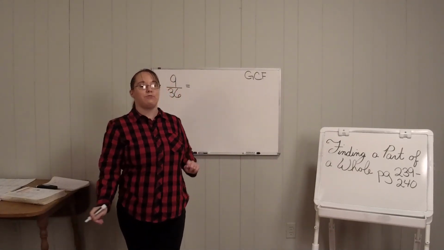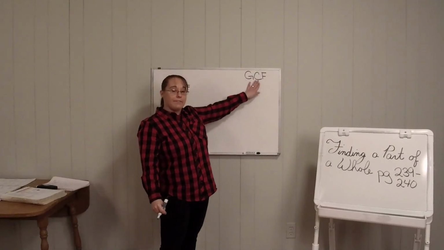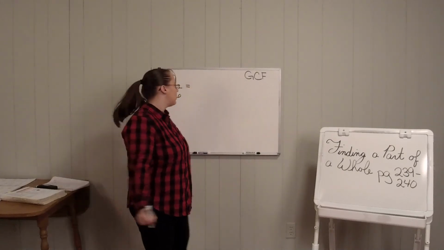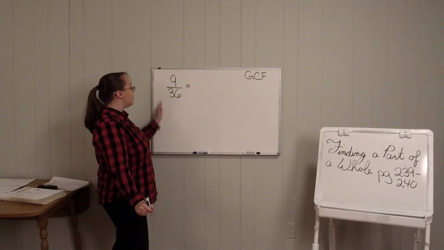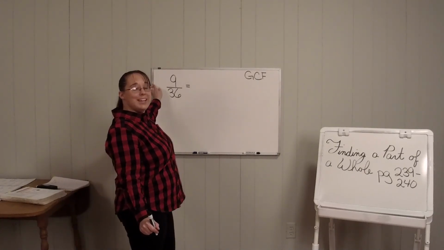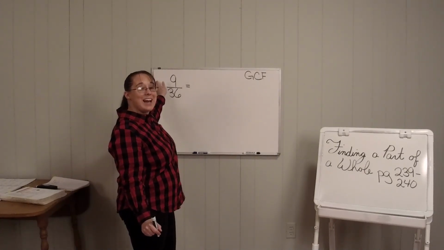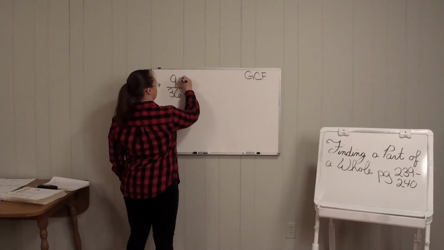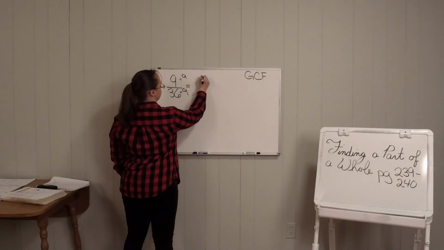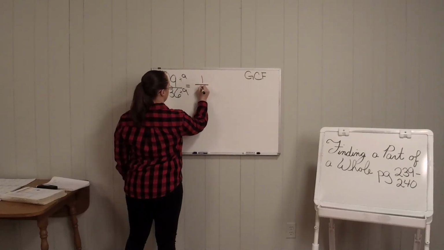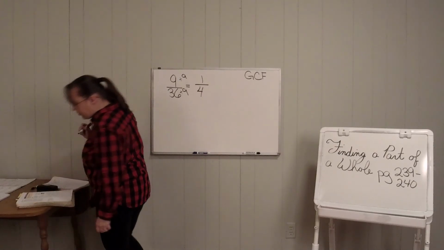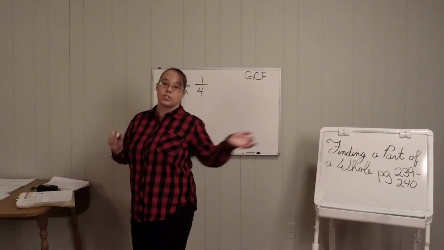That's how you reduce a fraction. Told you, you can't forget this. If you need to write it out, go ahead. You can already tell this can be reduced by 9, and it can be reduced to 1/4. That's as small as that fraction can go.